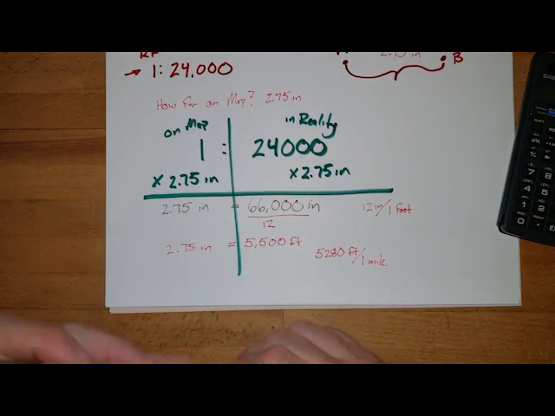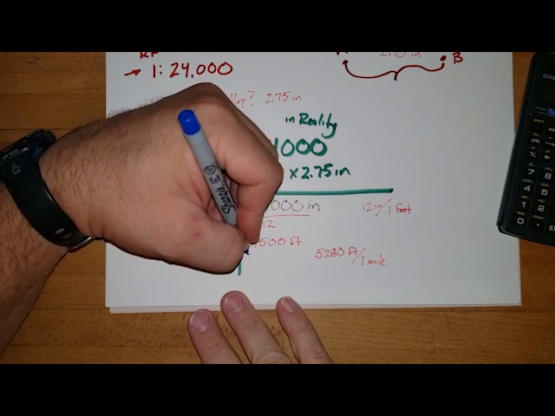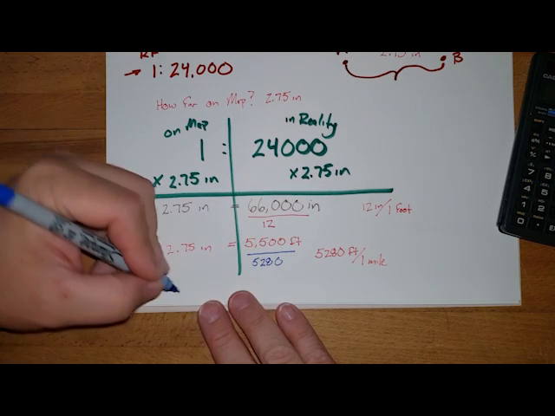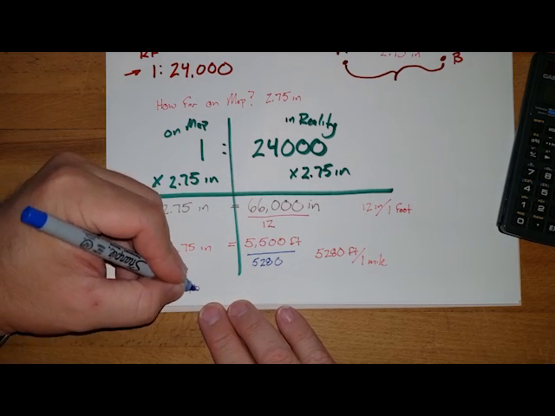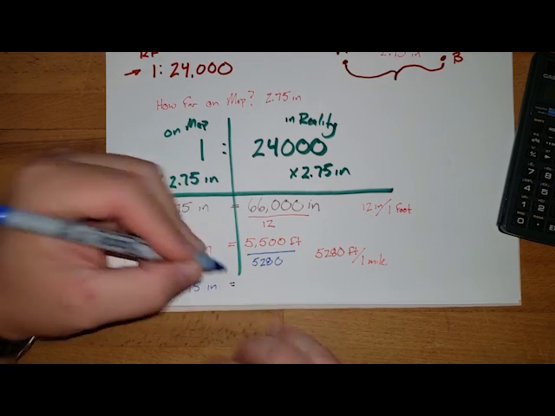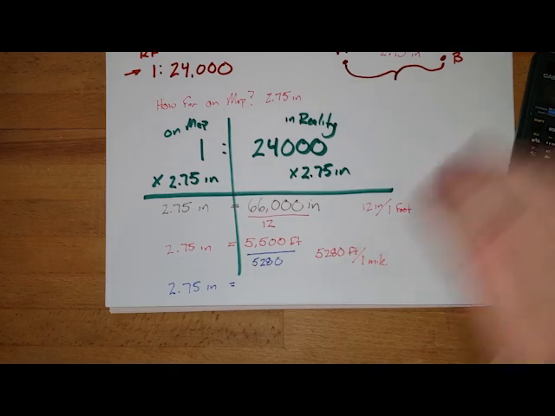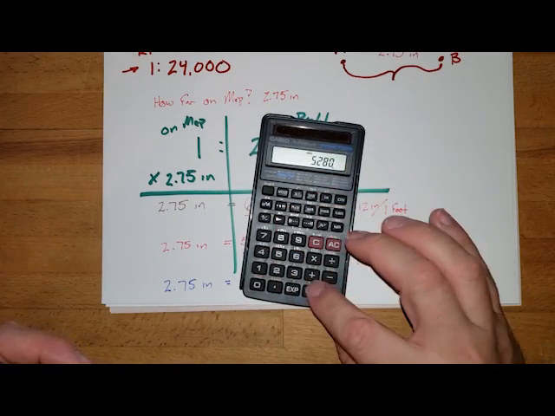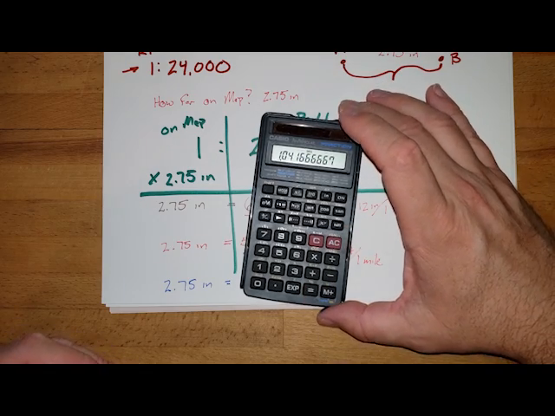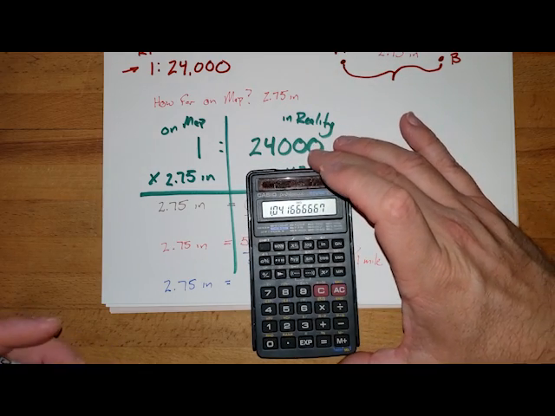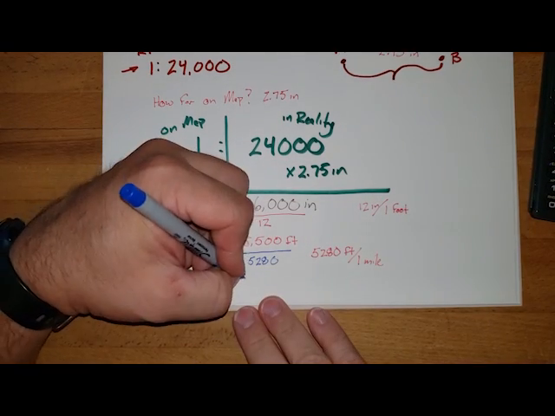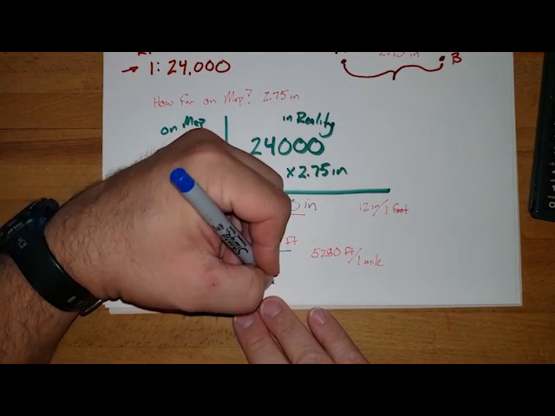So what I need to do then is take that value, divide it by 5,280, and that will tell me that 2.75 inches on the map is equal to 5,500 divided by 5,280, 1.04166. Okay, so we're going to round this to 1.04 miles.